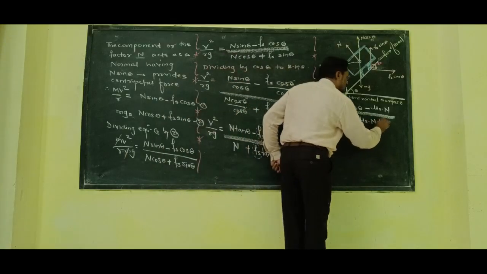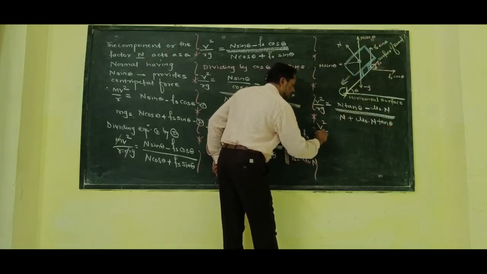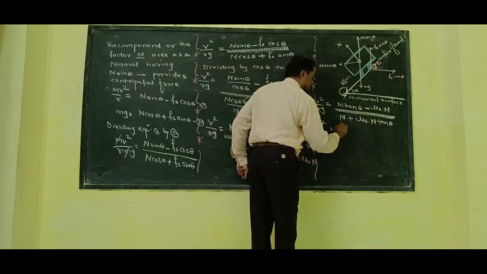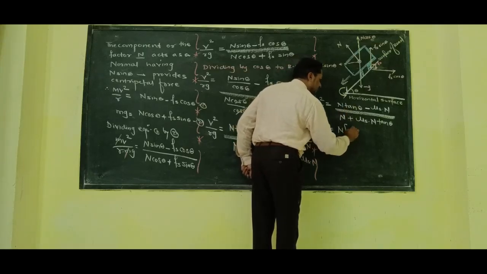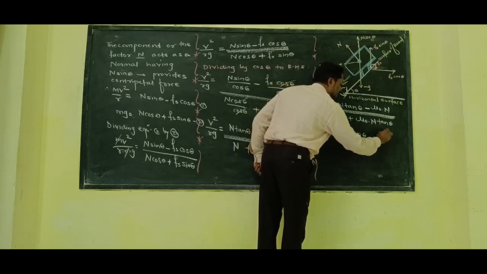Yes, v square by rg as it is. What can we take common here? We can take the N factor common. What remains in the bracket is tan theta minus mu s.